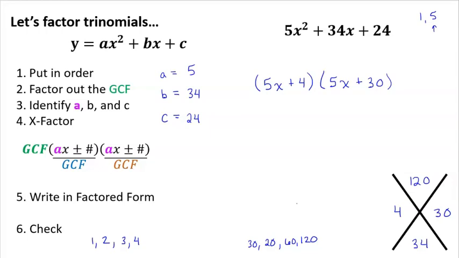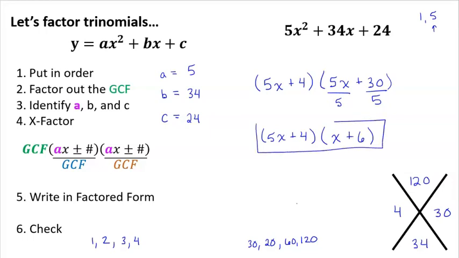So there's no number that goes into 5 and 4, so that one is just going to stay the same. But when it comes to 5 and 30, I know that 5 can go into each of these. 5x divided by 5 is x. Positive 30 divided by 5 is 6. And then that is it. And so this would be my answer.